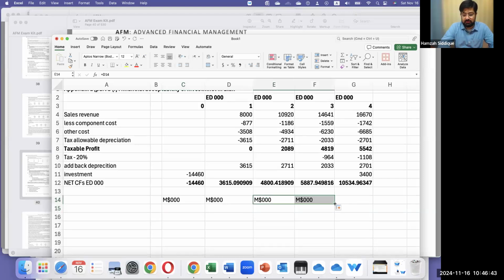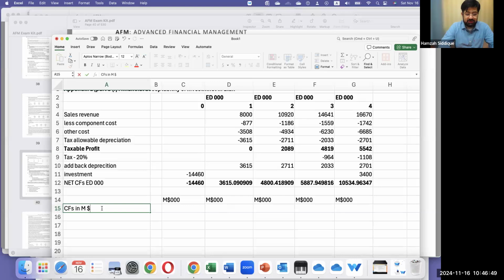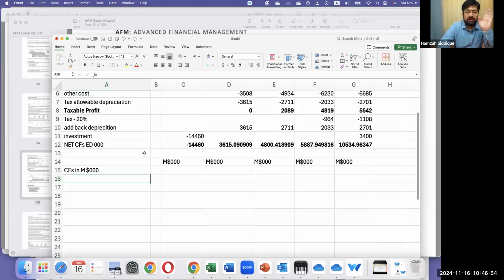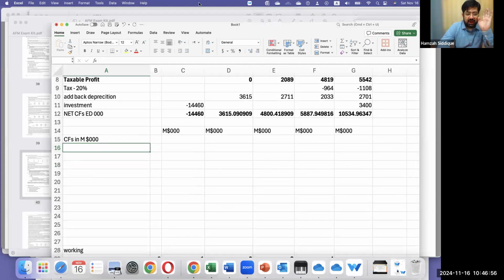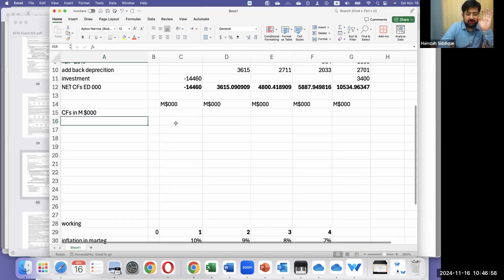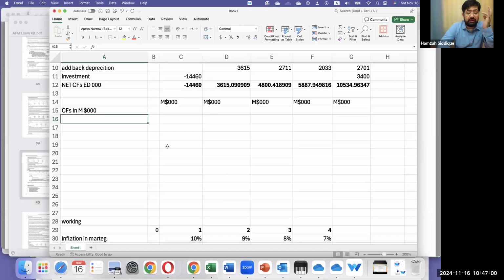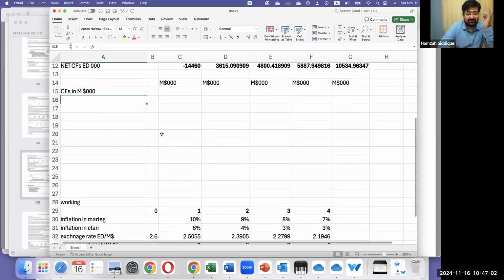So cash flows in Martic dollar. There is no remittance restriction. And we have to convert these cash flows using the exchange rate we calculated here. This one.